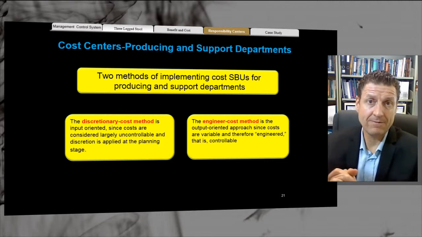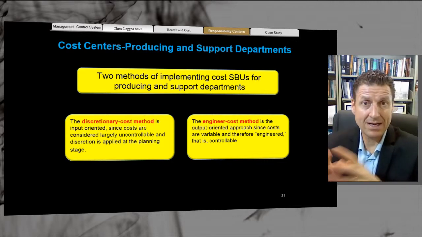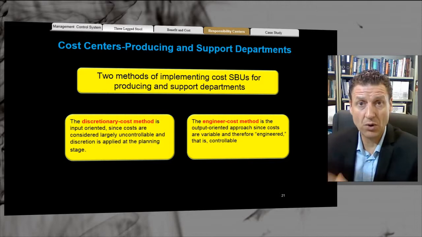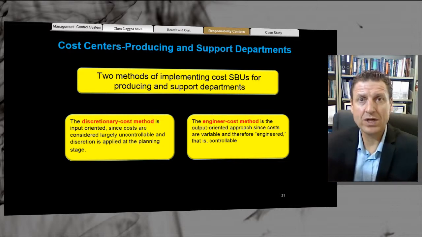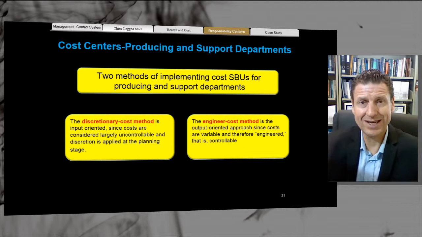And if you're facing increasing competition, then the engineered cost method becomes more effective because it places greater accountability on what you are focusing your costs on in that division. How much does it really cost you to serve each student? Are there some students that are more costly than others?